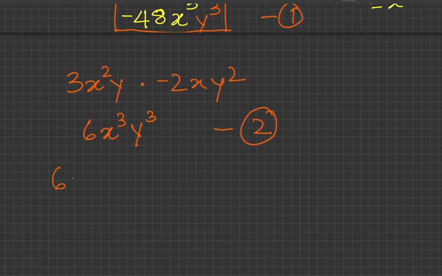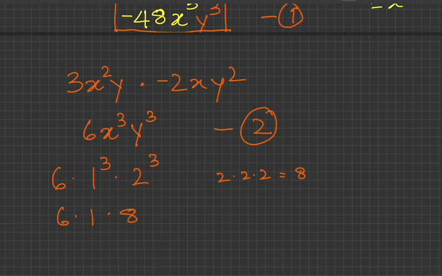So it is 6 times 1 cubed times 2 cubed, correct? So 6 times 1 times 2 cubed, which is 8. That is 2 times 2 is 4, 4 times 2 is 8. So what do we get? We get 48. Somewhere it is negative 6, so it has to be negative 6. So it is negative 48.